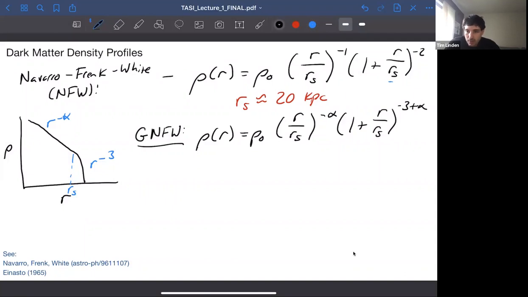Some questions popped up. Is the profile generalized from dark matter plus baryonic matter simulations or dark matter only? Great question, and it depends on the data set you're talking about and which simulation is done. More and more, the best state-of-the-art simulations are including the effects of baryons.